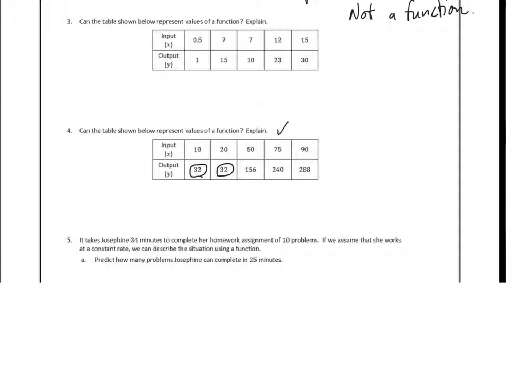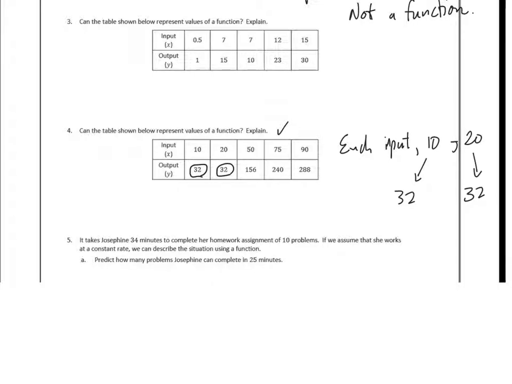The answer is no, it's a little bit different. The 10 input is 32, and the 20 input is 32. So two inputs can have the same output, but one input can't have two outputs.